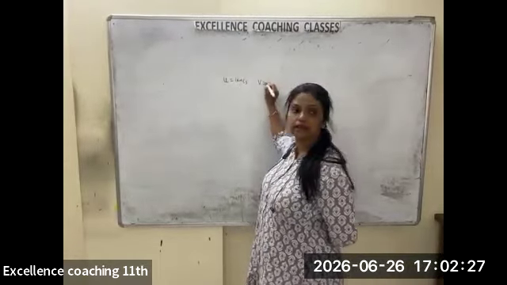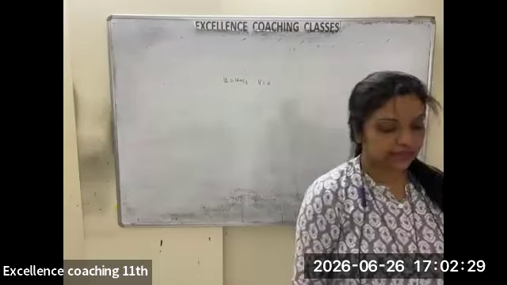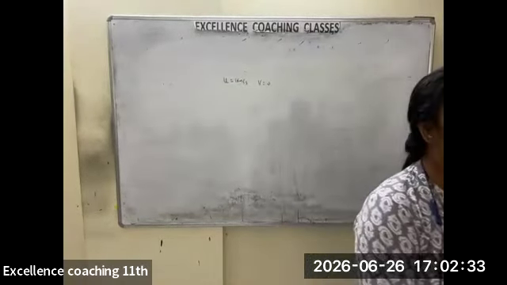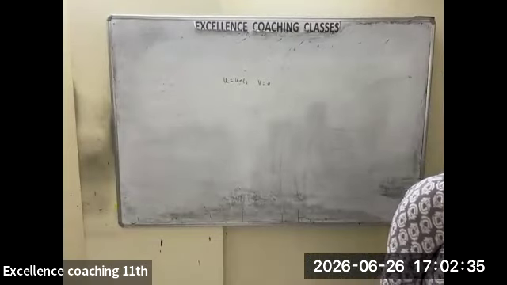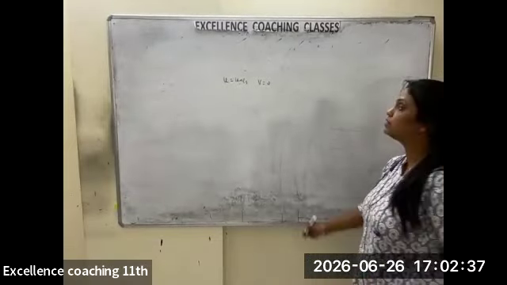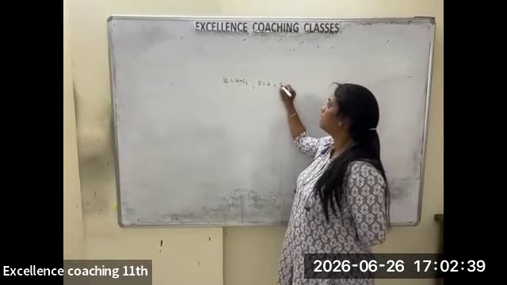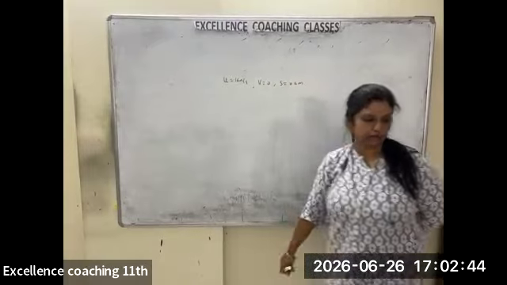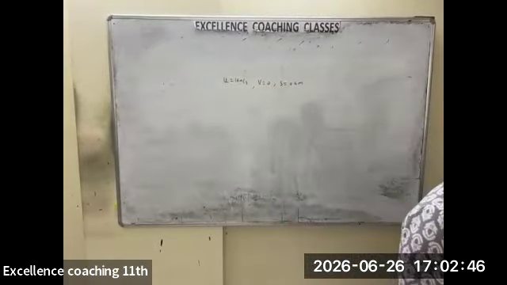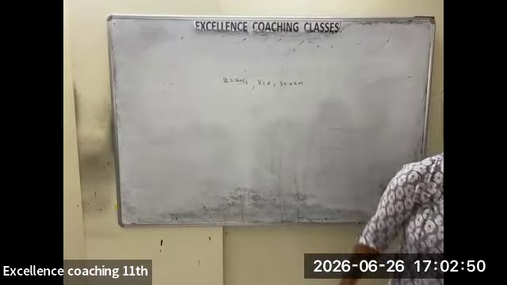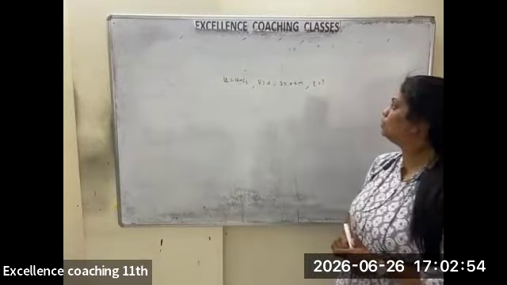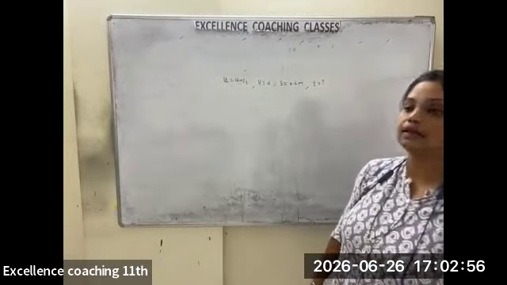Final is 0, since it is coming to rest. What else is given? How much distance does it travel before coming to rest? S is equal to 0.4 meter. Find the time taken during the retardation. So V, U, S are given, T is asked.